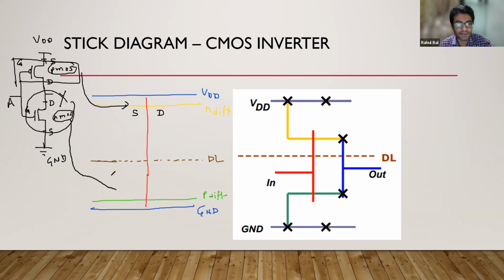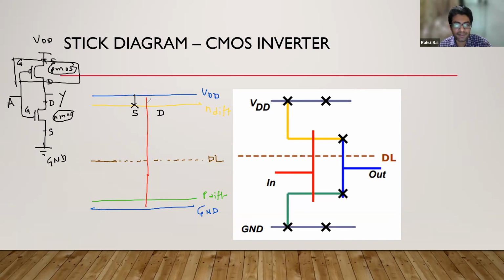Okay. So just keep that in mind. So source of this PMOS is connected to VDD, right? So we'll connect this source to VDD. So there is a connection. That means we will make a contact.